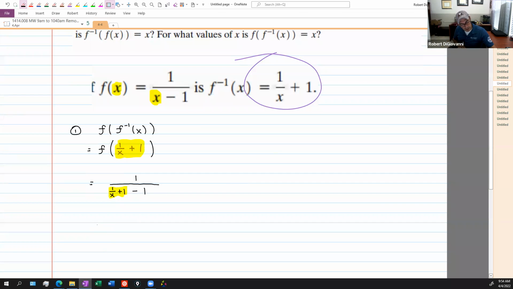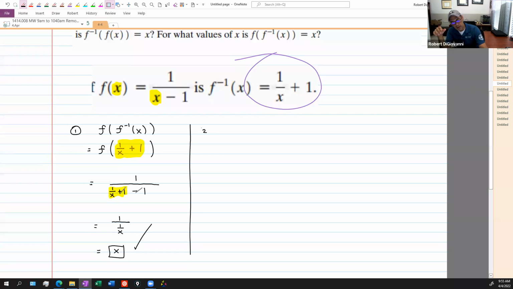Look, the ones on the bottom cancel. Y'all see that? Plus 1, minus 1, gone. So all you're left with is 1 over x. And isn't 1 divided by a fraction just the reciprocal? Can't we just flip that over? And doesn't that become x over 1 or just x? Hey, good. That worked out nice.